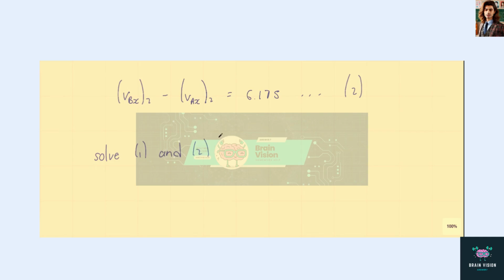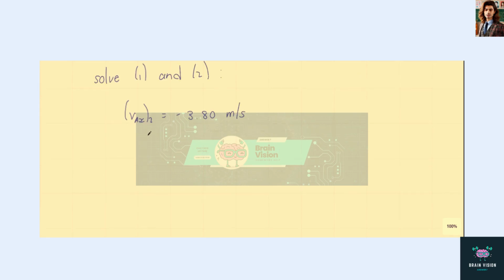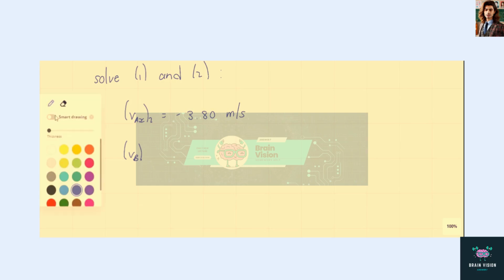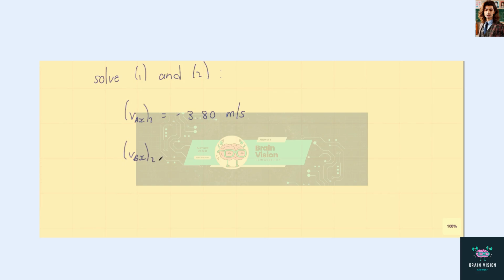Solving 1 and 2, we get VAx2 to be minus 3.8 meters per second, or 3.8 meters per second to the left, and for disk B, VBx2 to be 2.378 meters per second, and that's to the right. So we've looked at the horizontal components.